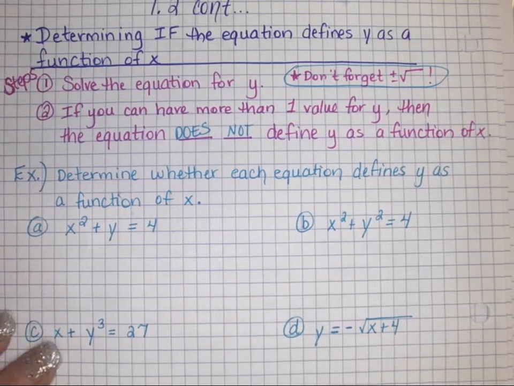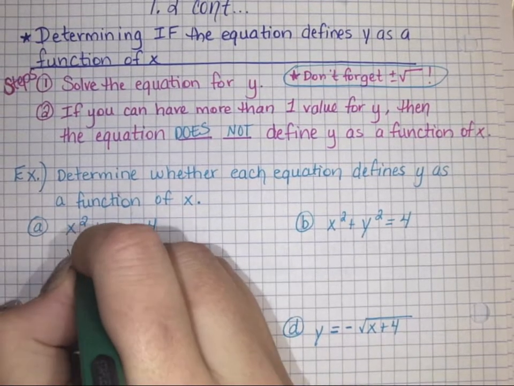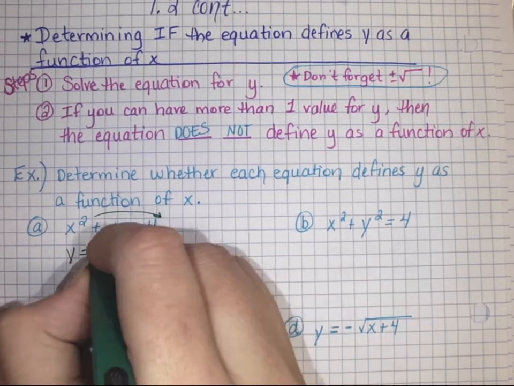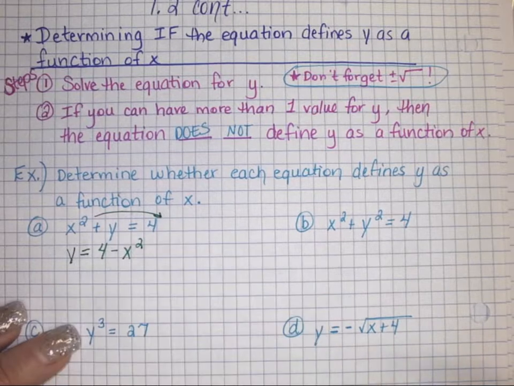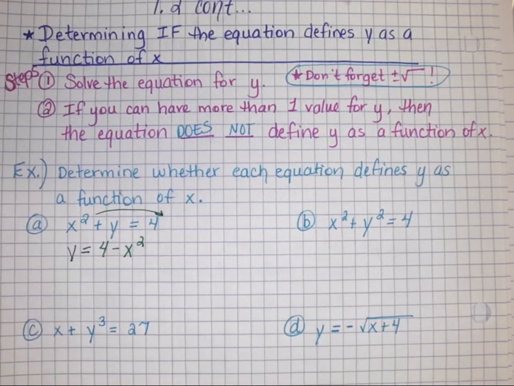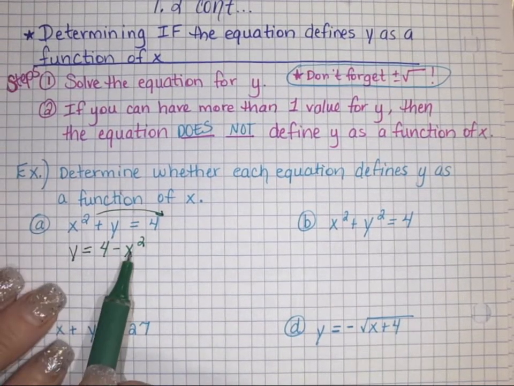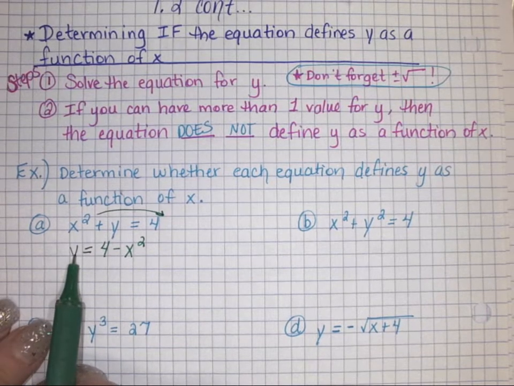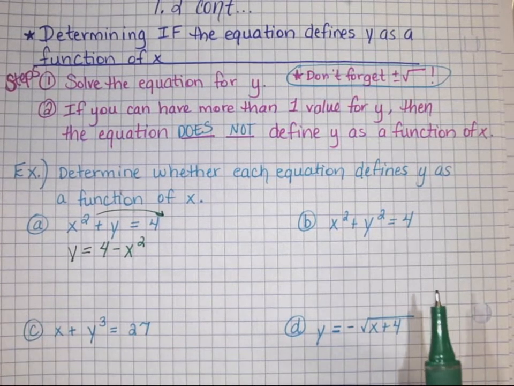Part A. Solve for y, subtract x squared. I want to move it to this side with 4. So 4 minus x squared. Then you think to yourself, if I plug in any number for x, like no matter what I plug in, am I going to get 1 value of y or 2 values of y?